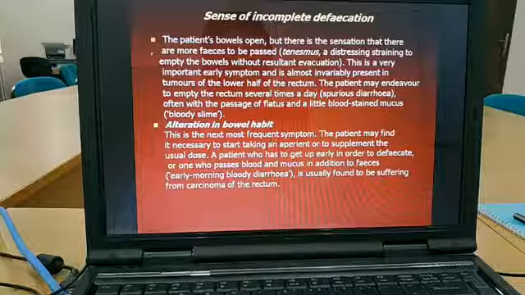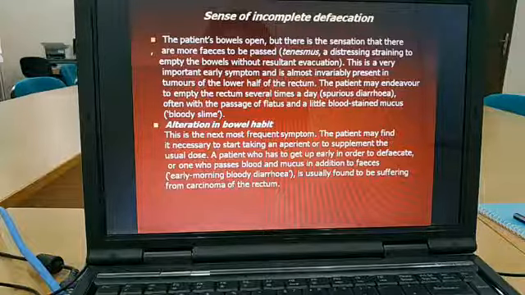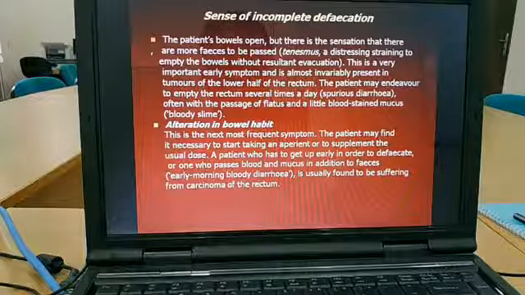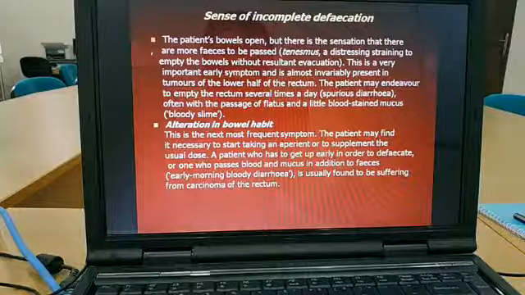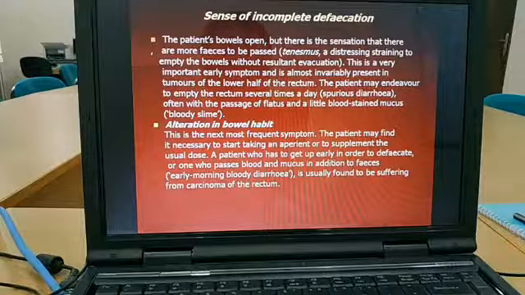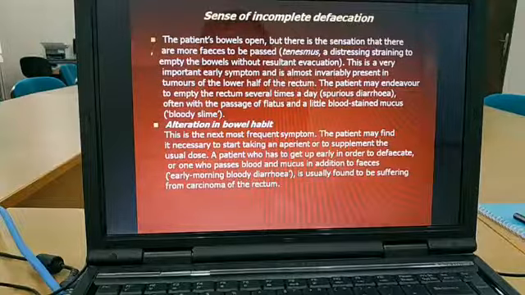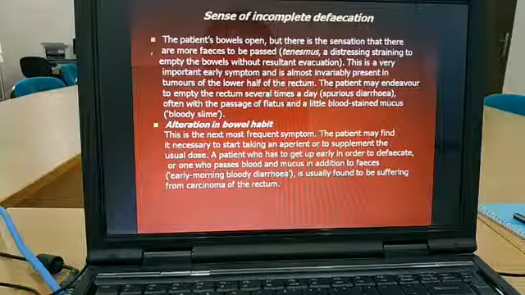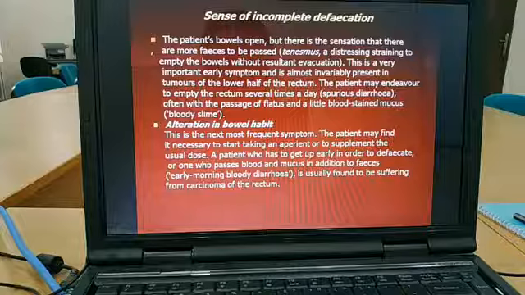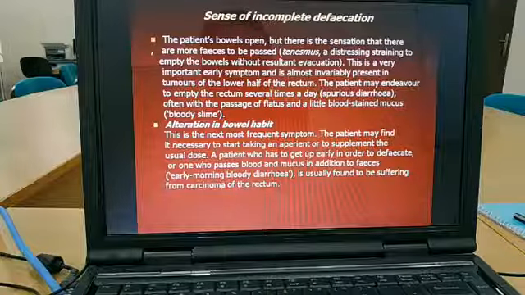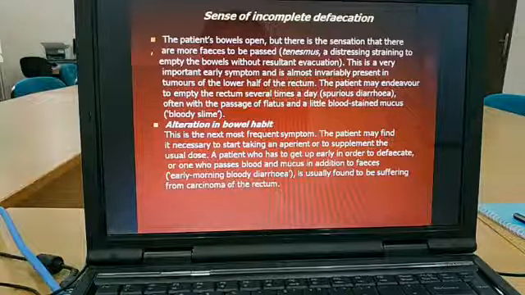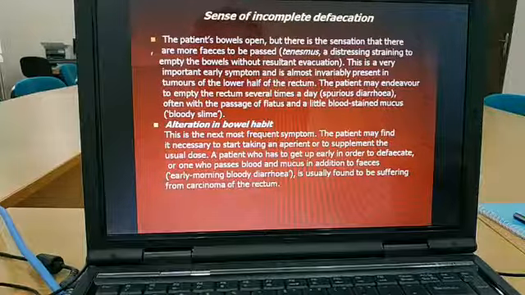Or if the patient needs to increase the dose of laxative to clear the bowel. These three things together we call alteration of bowel habit. If a patient complains of alteration of bowel habit, this is a very important symptom. You should not take it lightly. You should take it very seriously, and you should examine and investigate the patient as early as possible.